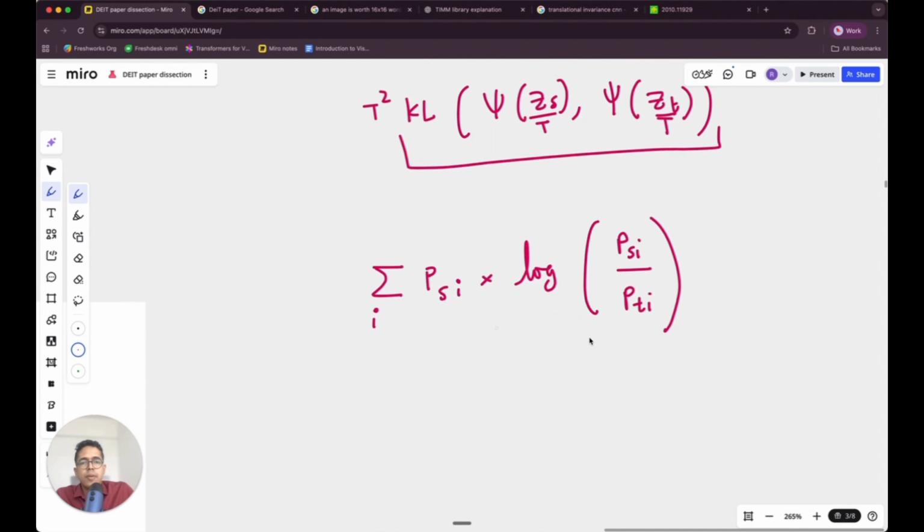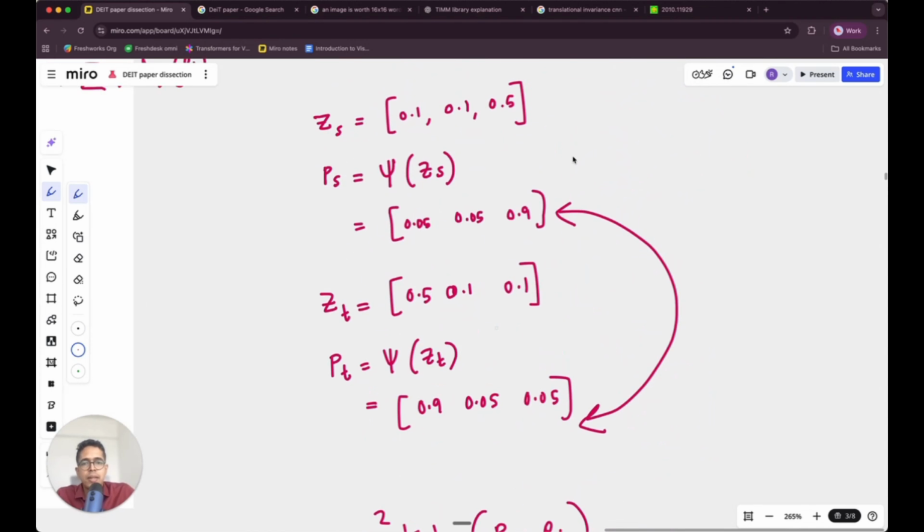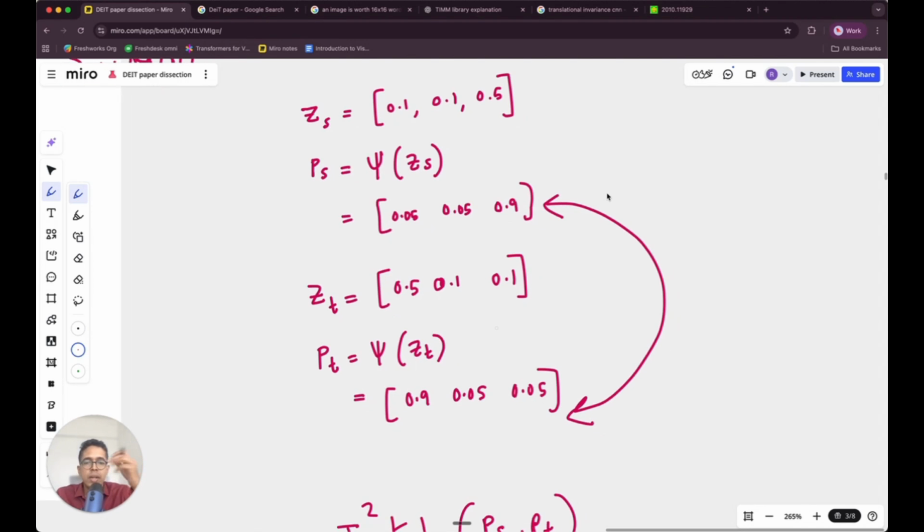Now what if my PS and PT were exactly the same? In this case, they are not exactly the same. PS is 0.05, 0.05, 0.9, and here it is 0.9, 0.05, 0.05. But assume that they were exactly the same. If my teacher and student are making the exact same predictions, then I should not have any loss contribution, because I am trying to teach the student to make the exact same predictions as the teacher, and the student is doing that.